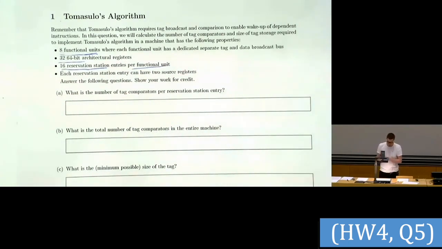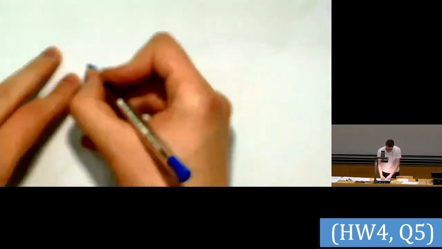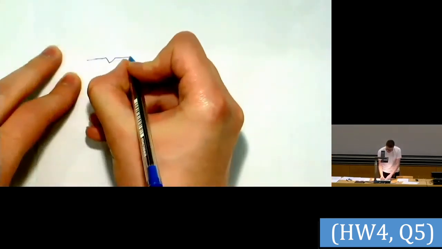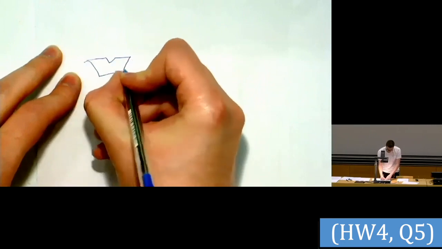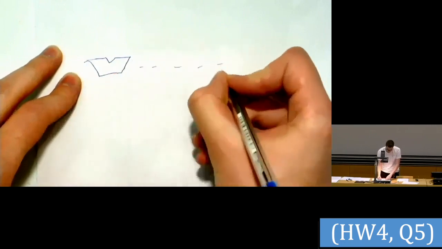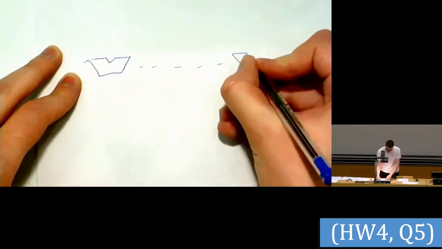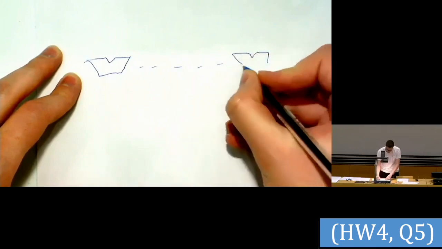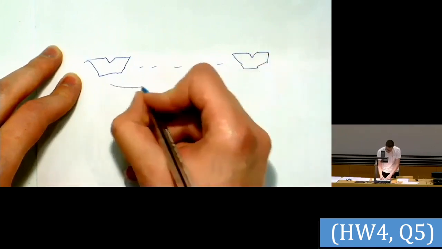And each reservation station will have 16 entries. So it will look something like this.